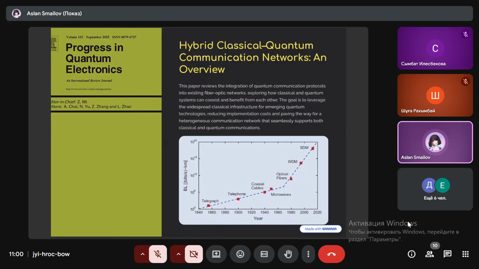It's from the journal Progress in Quantum Electronics, and today we will see the new technologies that approach quantum physics and our world. The topic name is hybrid classical quantum communication network, and just an overview of this.